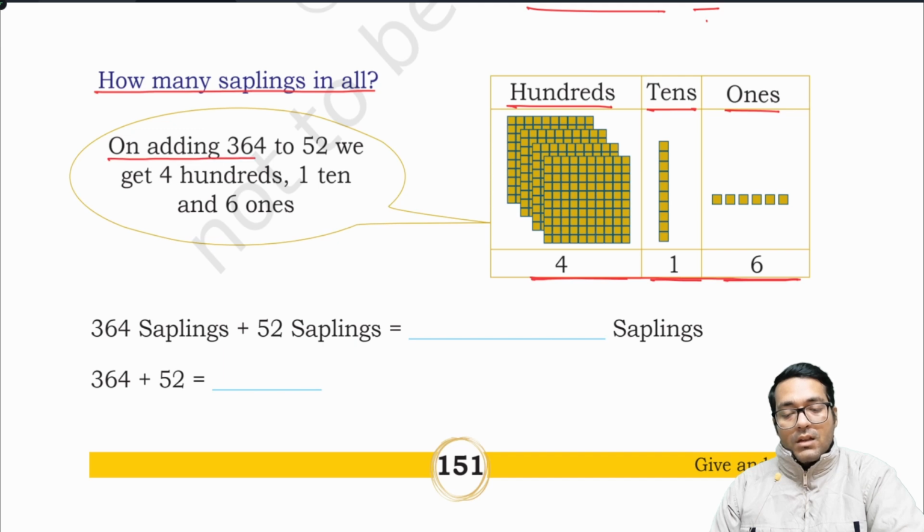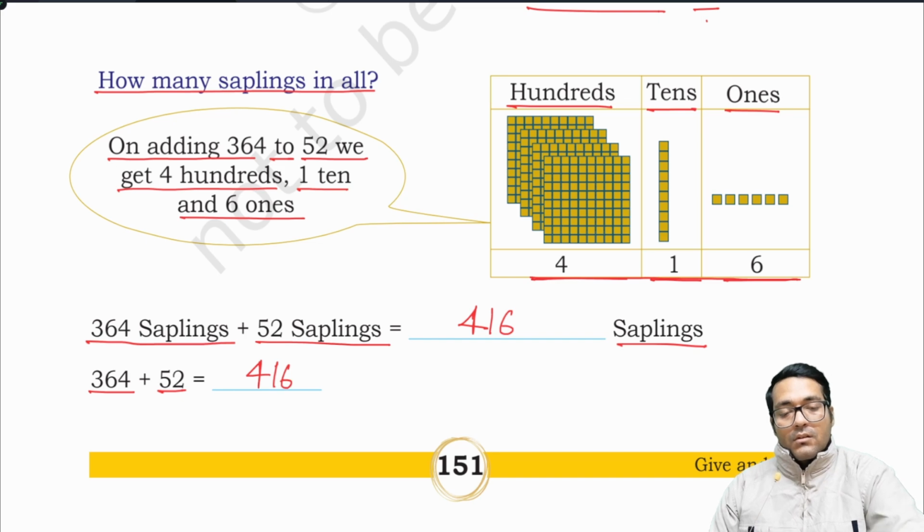How many saplings in all? On adding 364 to 52, we get 4 hundreds, 1 ten and 6 ones. 364 saplings plus 52 saplings is equal to 416 saplings. 364 plus 52 is equal to 416. You can do it like this: 364 plus 52.